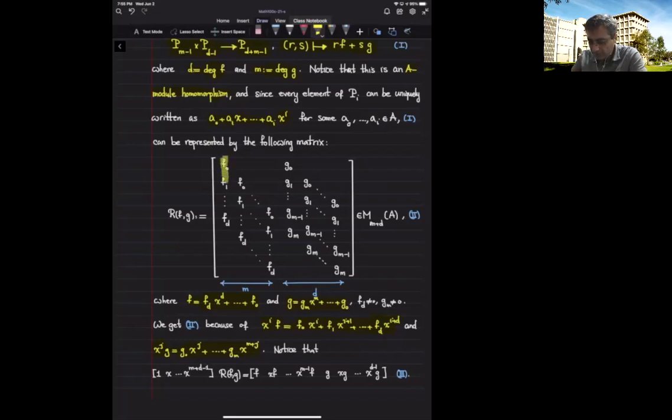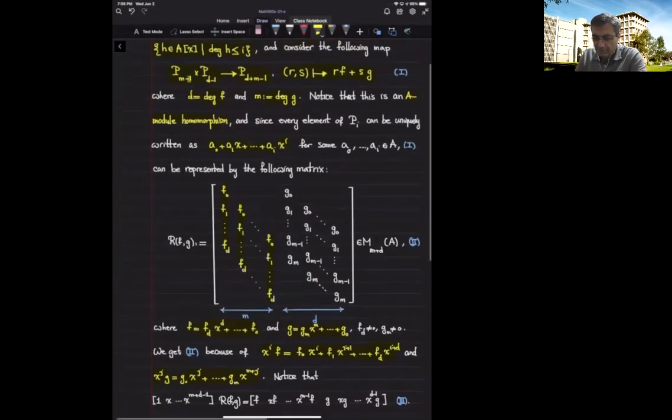So coefficients of f, then I need to shift it by 1, then by 2, then by 3. And how many shifts should I go? I need to start with 0 shifts till m minus 1 shifts. That means I get m columns that are shifts of f.